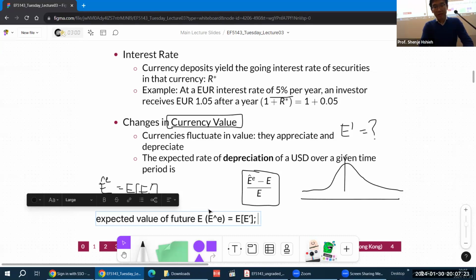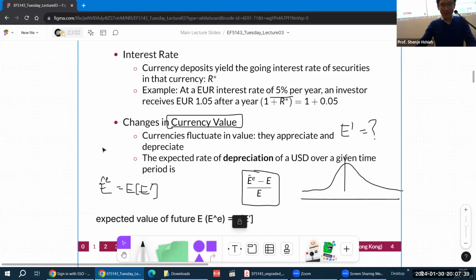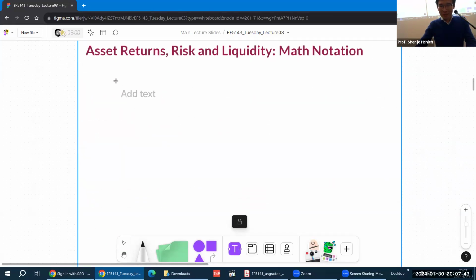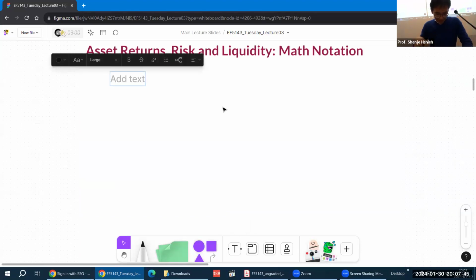You can get this easily by just taking the expected value. Let me go slowly. This is a review of random variables. I hope it's not too slow, but just in case, let's make sure we're on the same page.